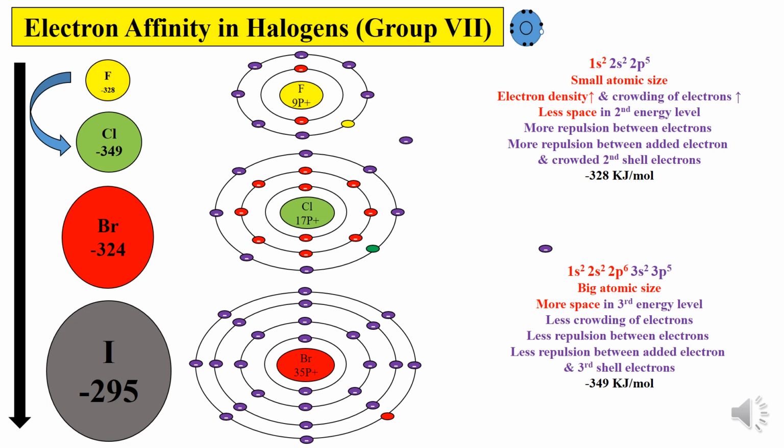Therefore, when you add an electron, the added electron experiences less repulsion from the third shell electrons, and it readily accepts the electron. Therefore, the electron affinity in halogens in the case of chlorine is more as compared to fluorine. So two major reasons: size and space.